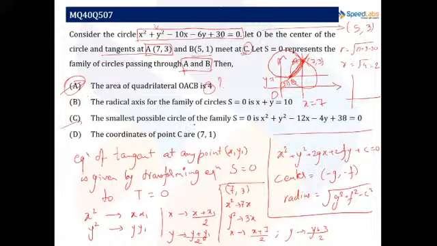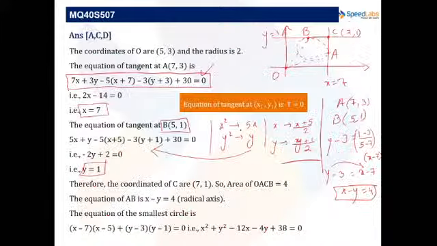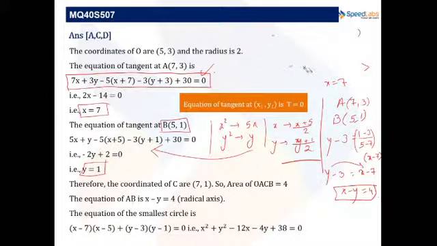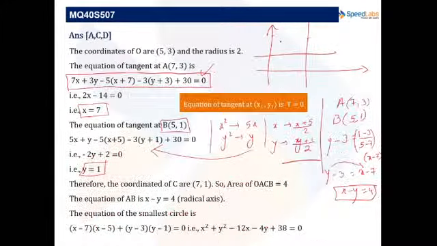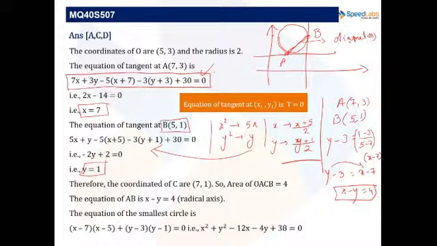See, the smallest possible circle of the family S equals 0. So for the smallest possible circle of the family, please ignore this figure. The correct figure is this, with points A, B. The smallest will be when this AB acts as a diameter.